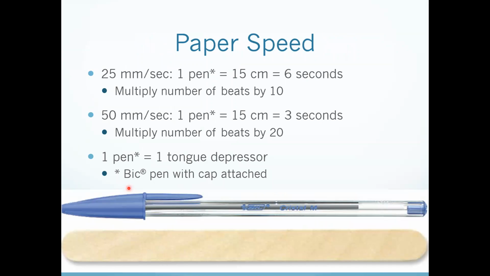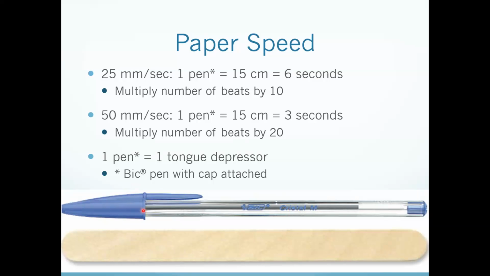So just touching a little bit on paper speed, there's a couple of quick and easy cheats, because if you're in an emergency or ICU setting, you don't necessarily have time to sit down and count all those little 1 millimeter boxes. So we have to make it a little bit easier for ourselves. One of the easiest ways that a lot of you have probably heard of is the pen method. It specifically has to be a big pen with the cap still attached.